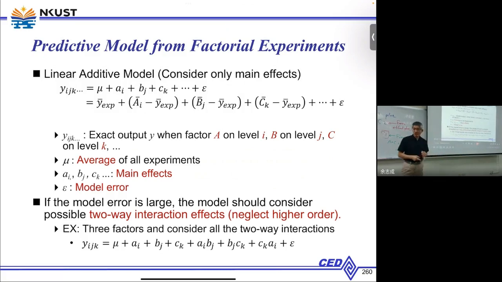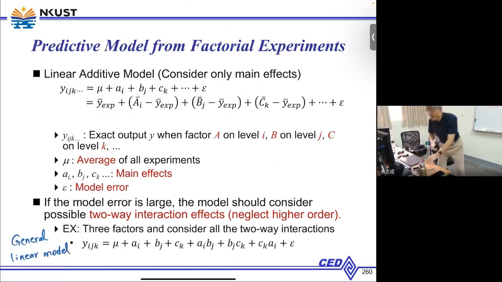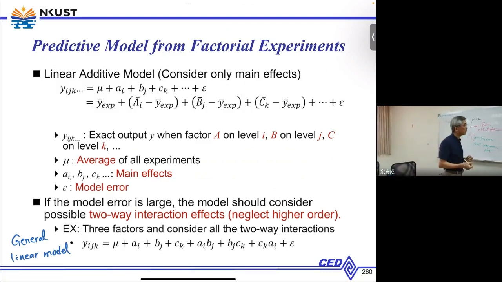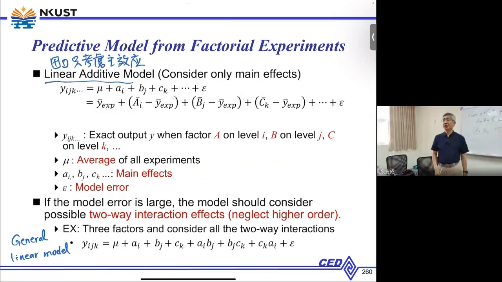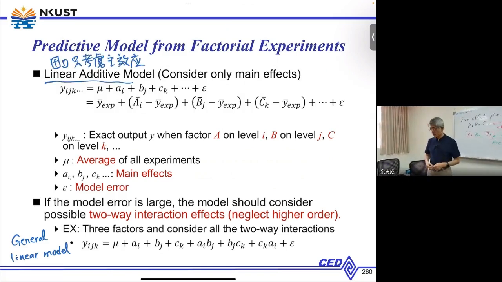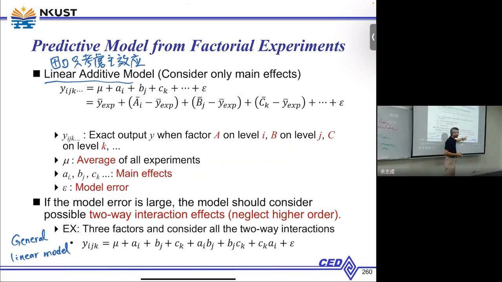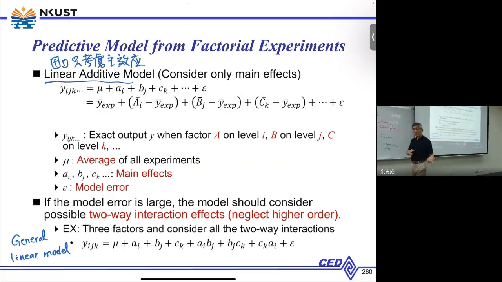Okay, this is called the general linear model. It is not the linear additive model. For Taguchi's linear additive model, they only consider main effects. However, if it is a general linear model, this model can possibly include the interaction effect like that. This will make it a little bit more complicated, and we are not going into the details.